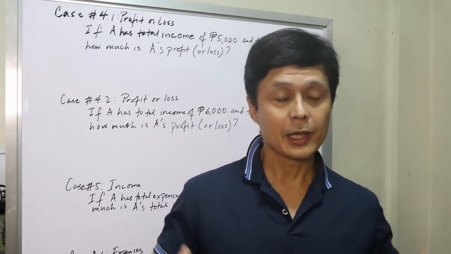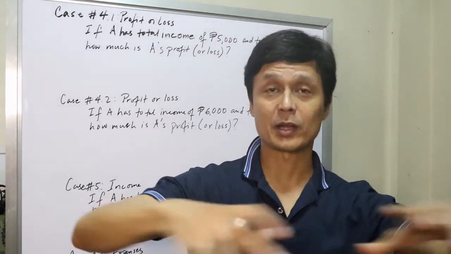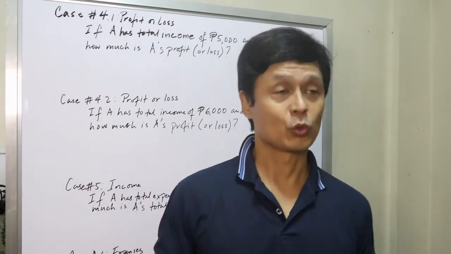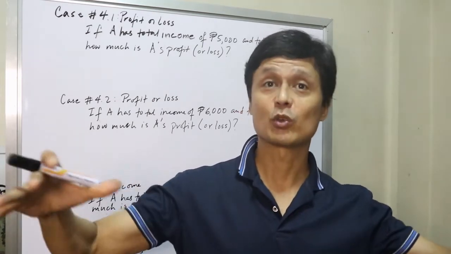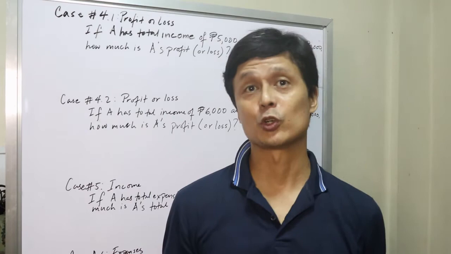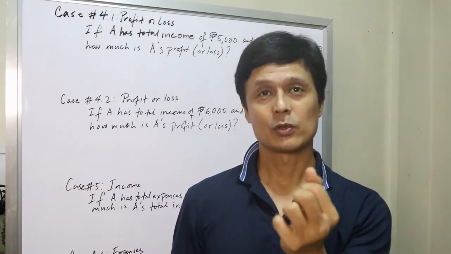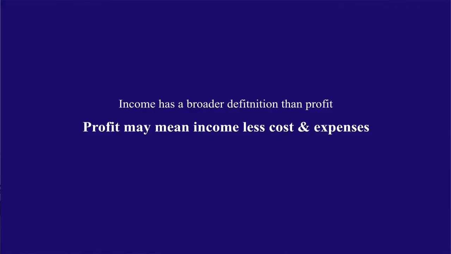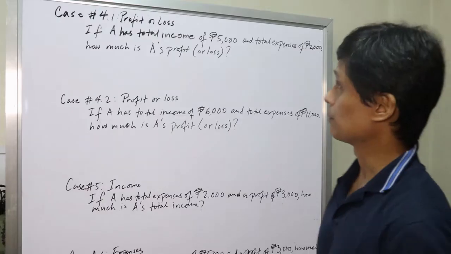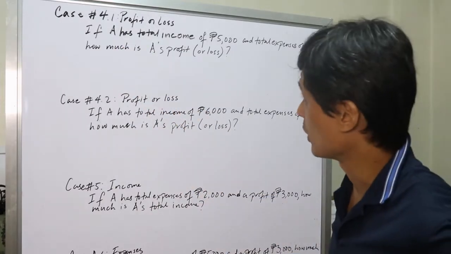So, ang income encompasses more, parang revenue, yung pinaka-income. Kung minsan yung income hindi pa nakabawas yung expenses doon, pero yung profit, ito yung pinaka-neto na or the net na makukuha, bawas na yung expenses dito.